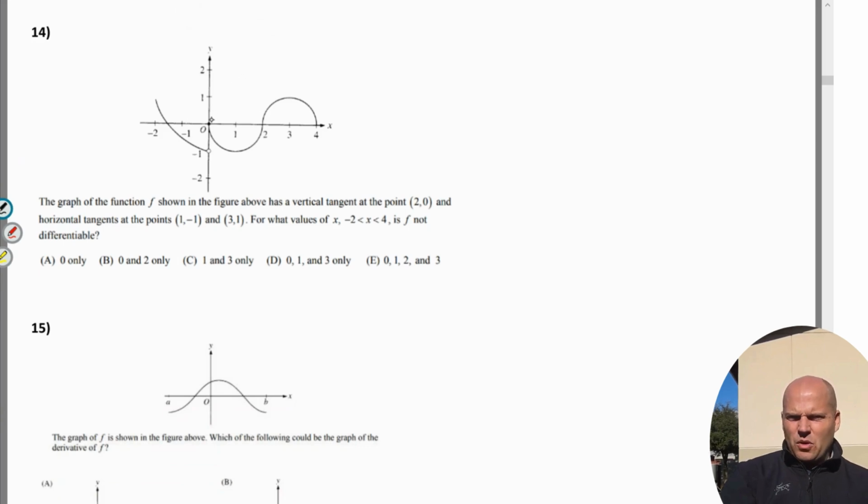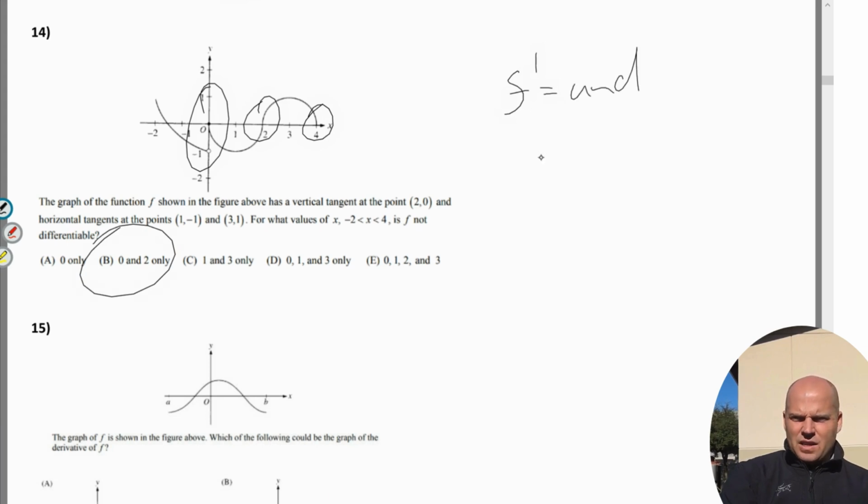Where are we not differentiable? Wherever we have a jump, wherever we have a vertical tangent, we don't have a tangent slope. So if f prime is undefined, that means f prime does not exist. If you ever have a vertical tangent, you have a number over 0.